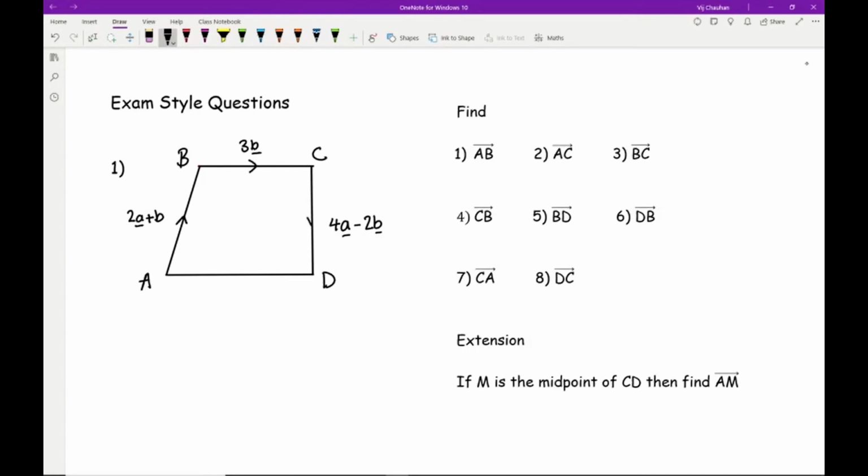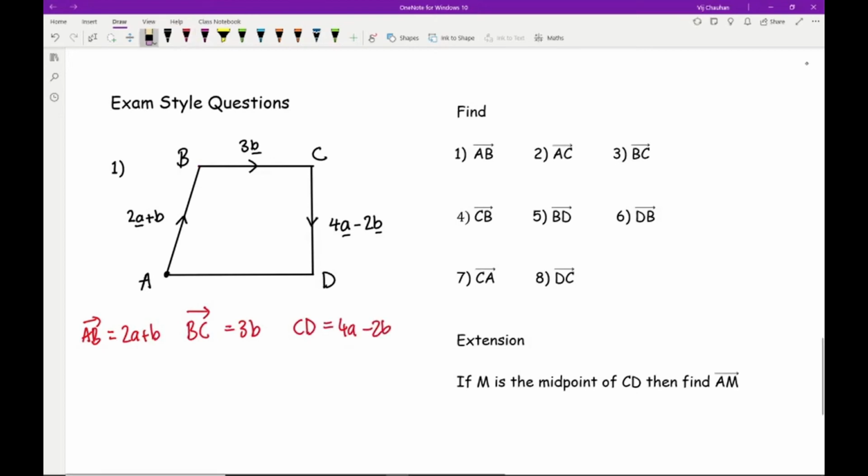So with regards to this particular question, here we've got 4 points on a shape, A, B, C and D. Now we've been given the vectors of getting from A to B, B to C and C to D. So to get from A to B, that's going to be 2A plus B. B to C is 3B, and C to D is going to be 4A minus 2B.